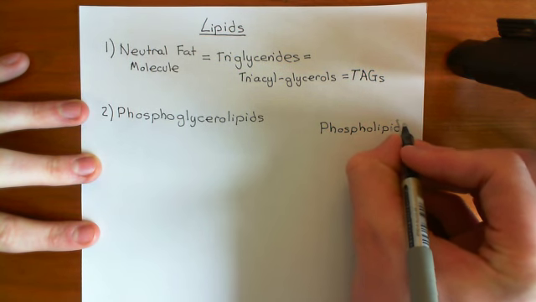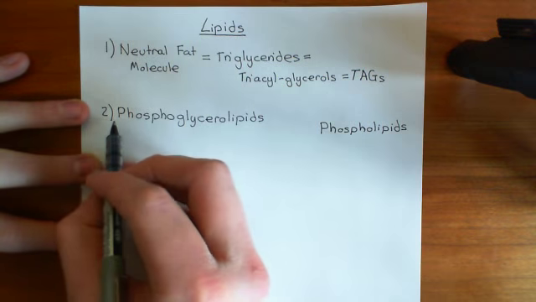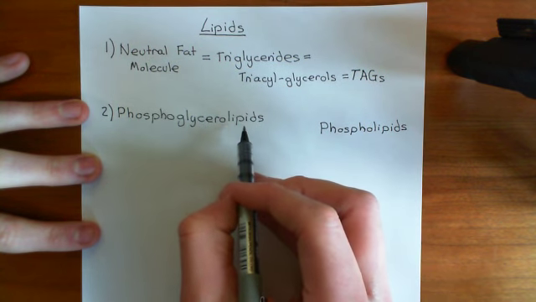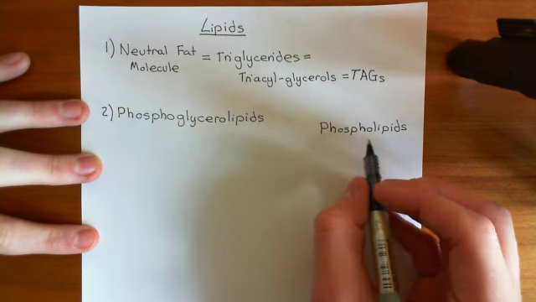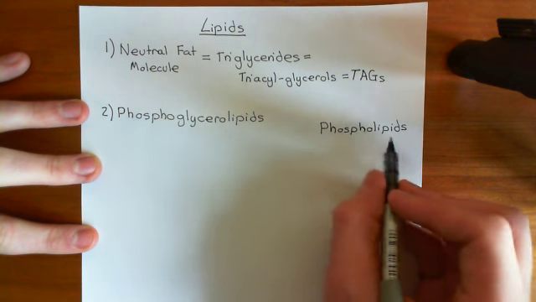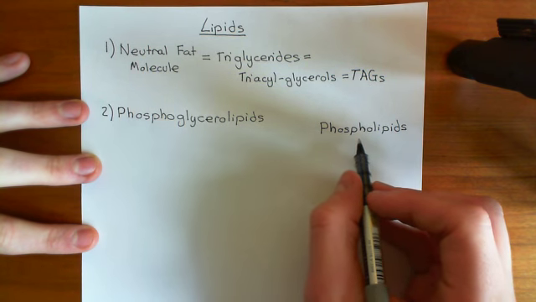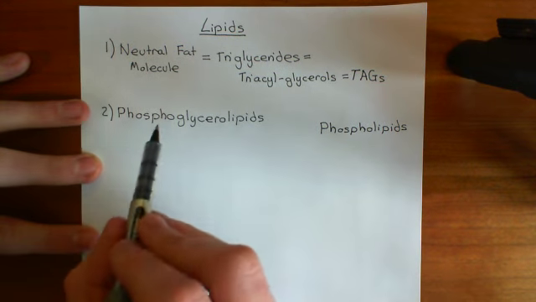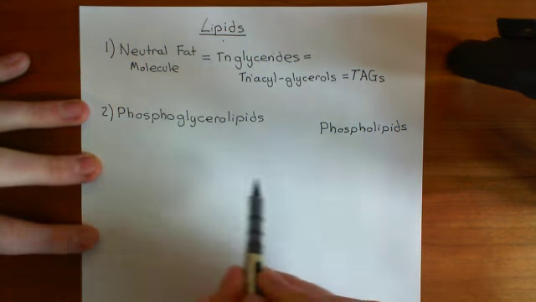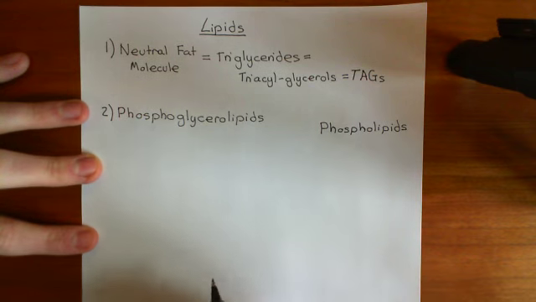There are other types of lipid molecules which do not fall into the category of phosphoglycerolipids, but do fall into the category of phospholipid. So be wary when you use the term phospholipid, because phosphoglycerolipids are probably what you mean and not the other forms of phospholipids.